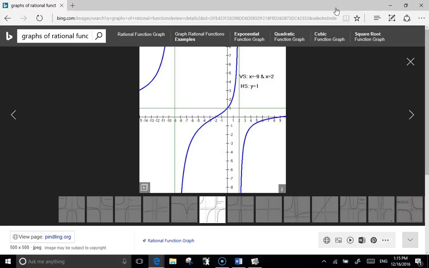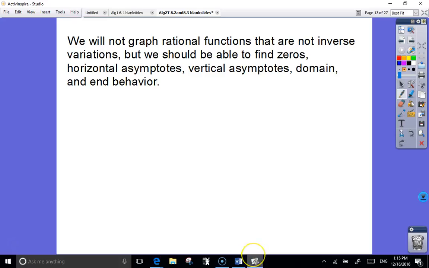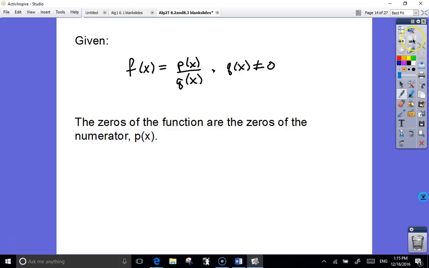So I'm going to leave that one in the background because I want to go back to that one later. Okay, so let's see how we work this out. Given a rational function, this is going to be like 4 slides in a row. They're going to tell you how to find zeros, vertical asymptotes, domain, horizontal asymptotes, and end behaviors.